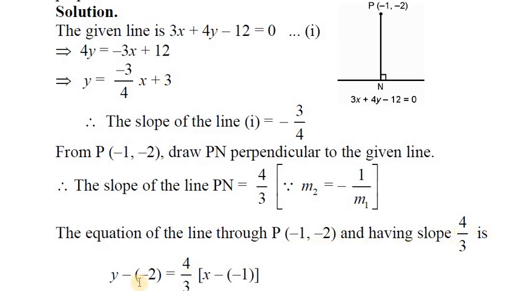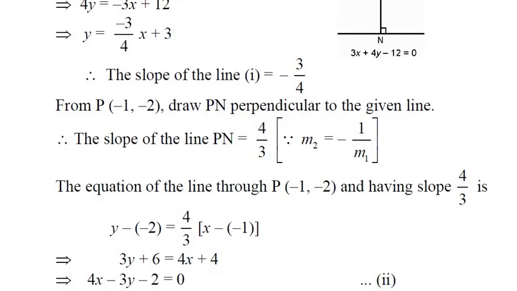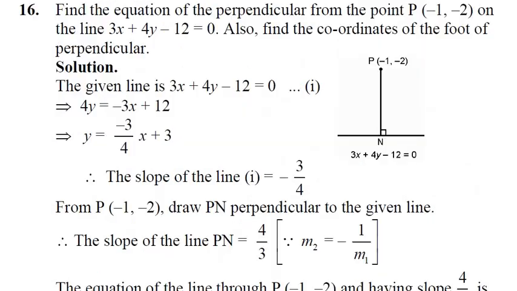So point slope form: y - y1 = m(x - x1). Here m is this one, and x1 is this. So using this point slope form we can have the equation finally, and the equation is 4x - 3y - 2 = 0. So this is the required equation of the perpendicular.